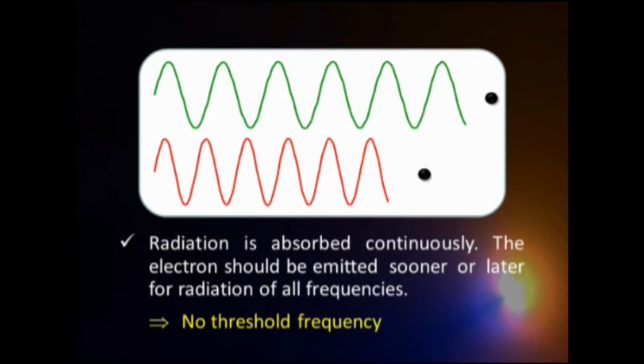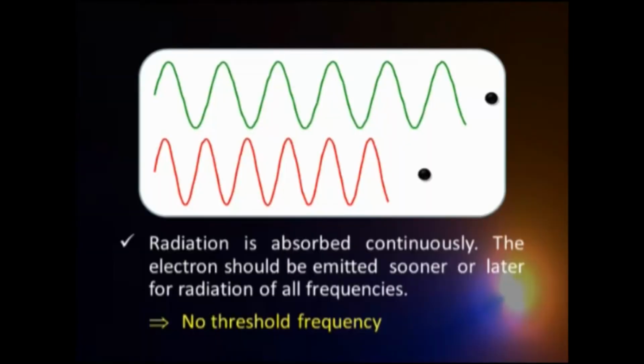Maybe I have to pass this radiation for a long time, and when enough energy is there, it will come off. If I take a higher energy one, it will come out faster, that's all. The only thing is, there is no need for any threshold frequency. That means the electron should come out irrespective of the wavelength or frequency of radiation used. That is the second prediction from classical mechanics, again in contradiction with the experimental observation.